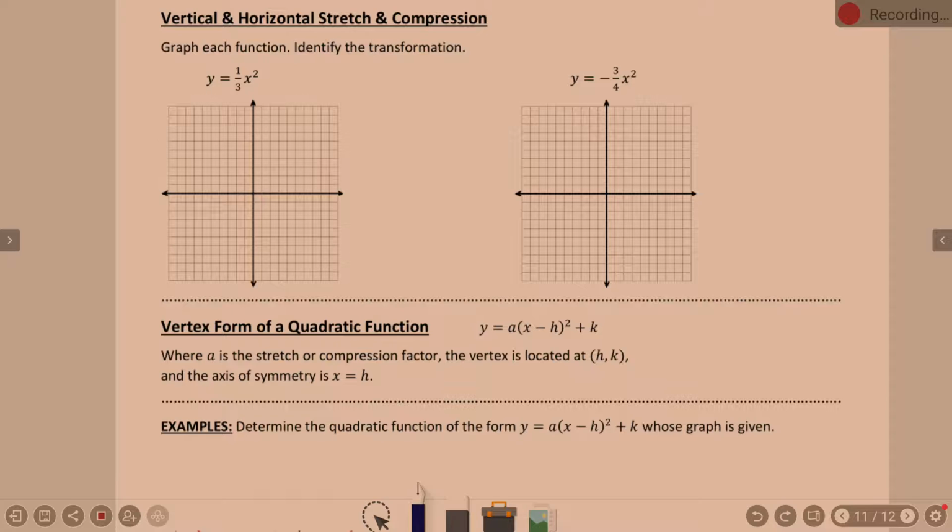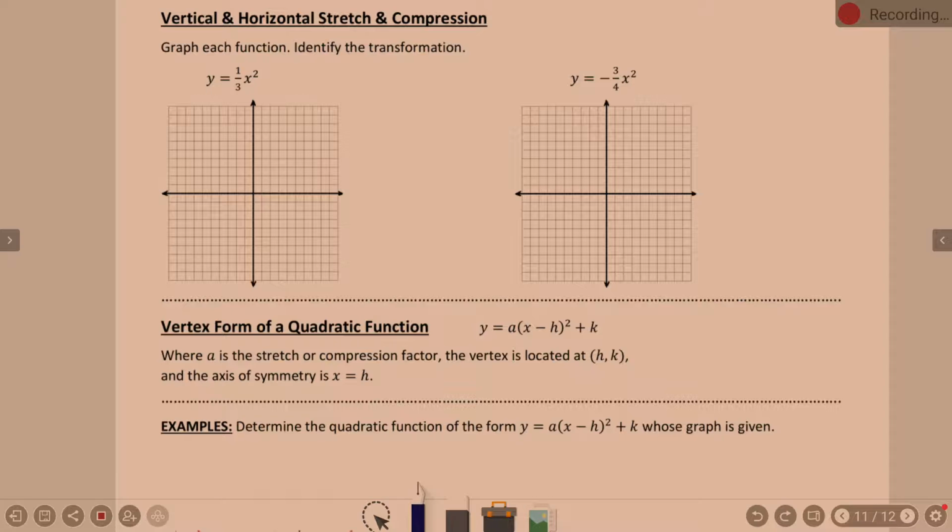What is this 1/3 going to officially do? Vertically compress. Because if you're multiplying by a number less than 1, and 1/3 is less than 1, right? Then it's going to shrink it down.